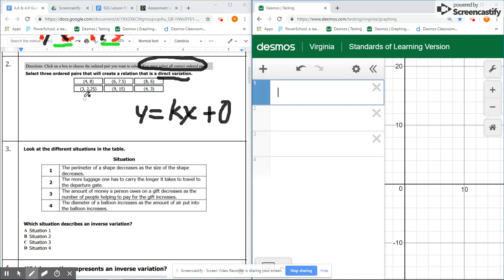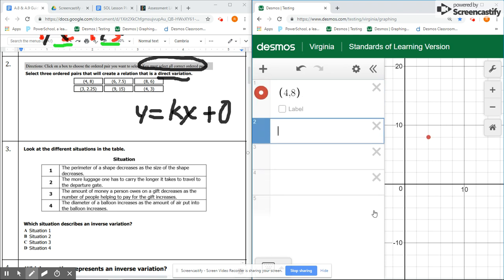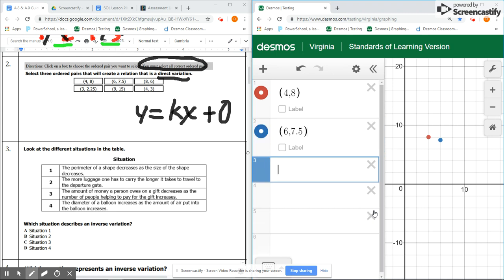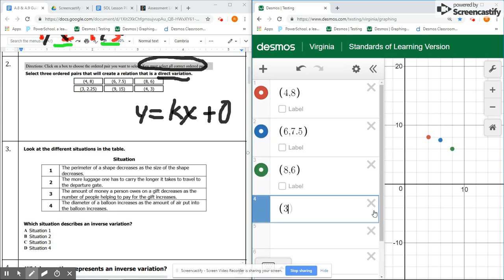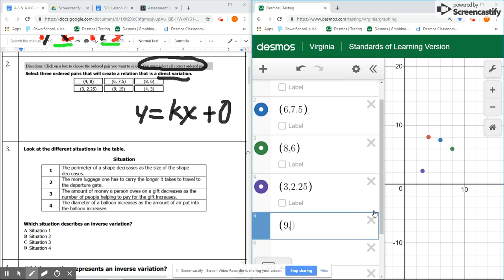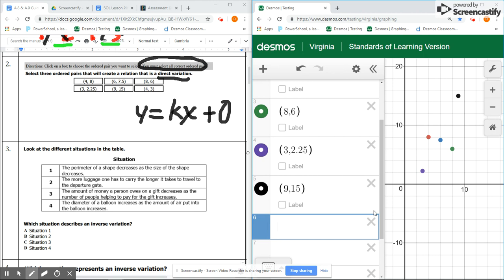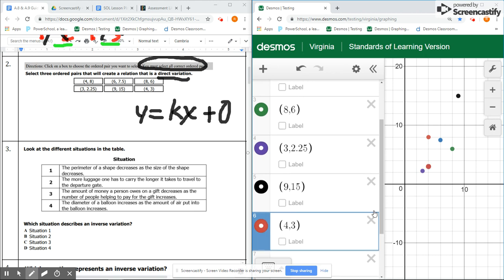All right, so I'm going to type in all 6 of these points, 4, 8, 6, 7.5, 8, 6, 3, 2.25, 9, 15, and 4, 3.